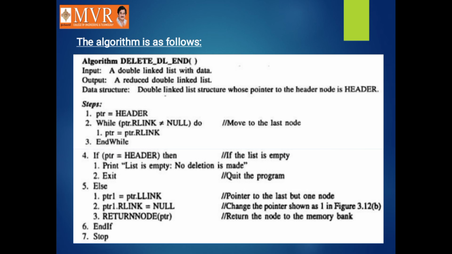Okay, else, if there is any node, that is, if the header contains a right link, then move towards it till the end or the null is reached, and then set a pointer to it and delete the node. After deleting, return node of ptr specifies that the deleted node should be returned back to the memory bank.